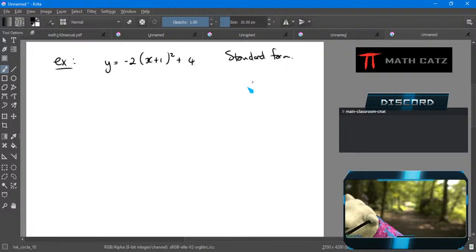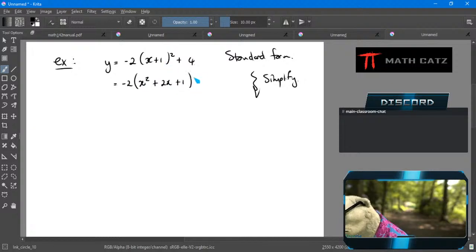Standard form. If I now simplify this, I will get negative 2. Let's simplify the bracket. Hopefully everyone can remember how to simplify a two-term bracket squared. First one squared, product of the two times 2, last one squared, and then I still have my plus 4.